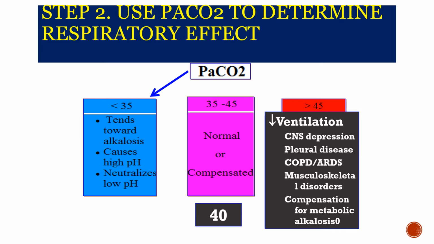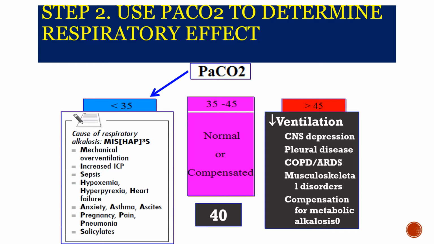If it is reduced, this tends towards alkalosis, and these are the causes of respiratory alkalosis, which is mechanical overventilation, increased intracranial pressure, sepsis, hypoxia, hyperpyrexia, heart failure, anxiety, asthma, ascites, and other causes.